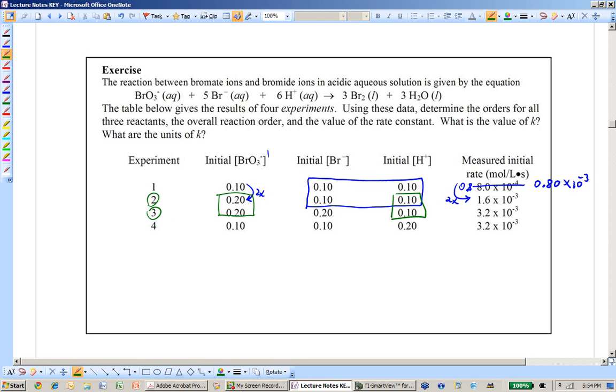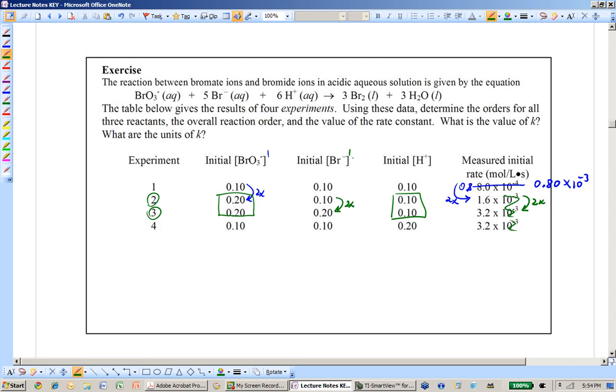For experiments 2 and 3, the concentration of the bromate ion and the H plus ion is held constant. I'm going to get rid of that blue box. What happened then? Going this direction, this doubled. What did the rate do in response to that? It also doubled. Agreed? 1.6 twice is 3.2, but you can ignore this part since they're all the same. So that's also first order.